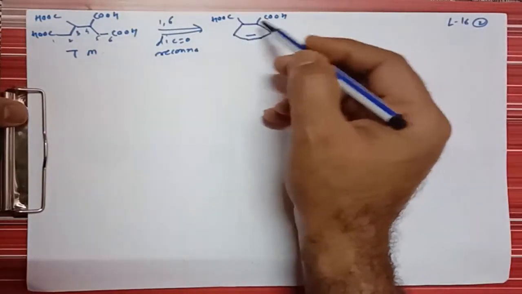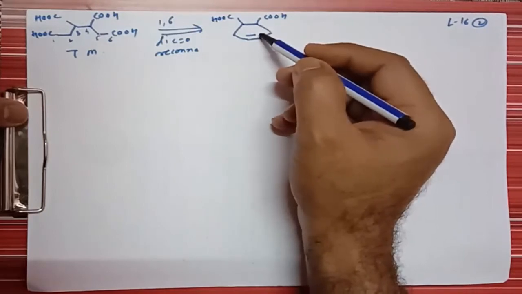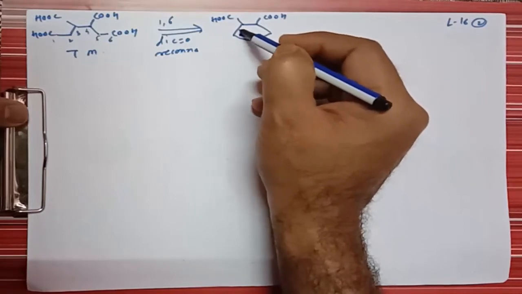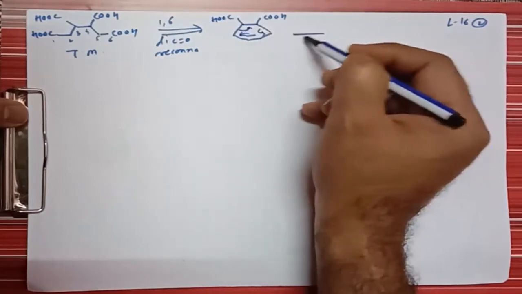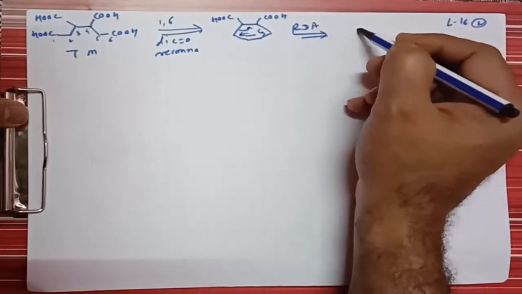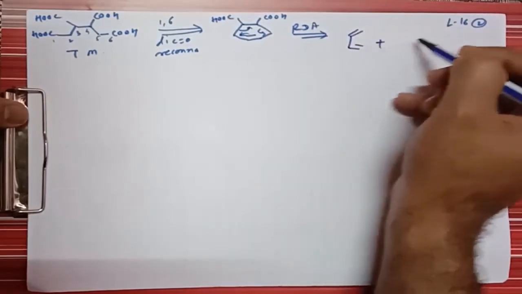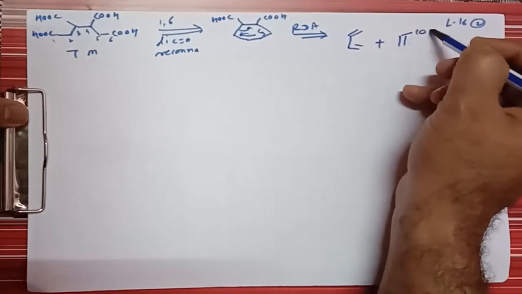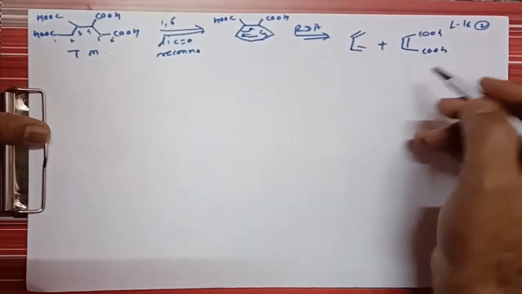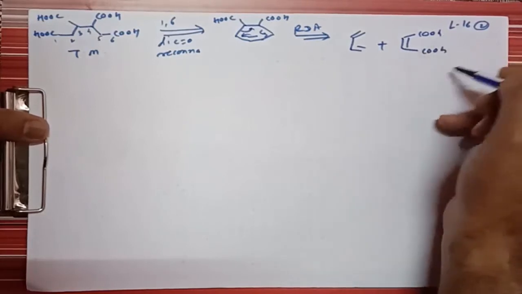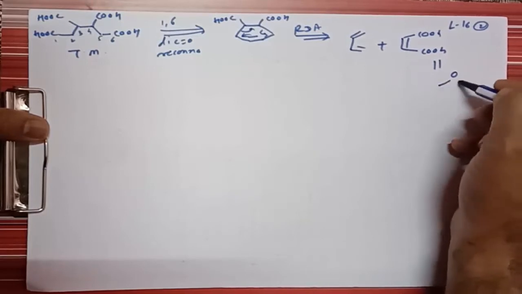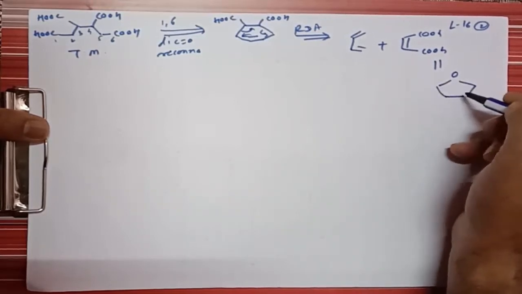Now if you see here, this is a cyclic molecule with a double bond, and if we go for the retro-Diels-Alder, in a retro-Diels-Alder reaction we get 1,3-butadiene, along with such a compound, right? So this molecule will be available in this way, right?